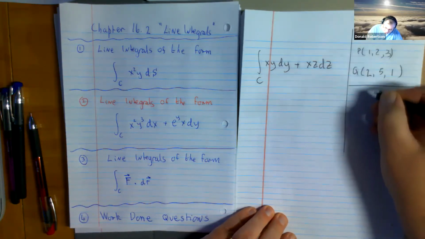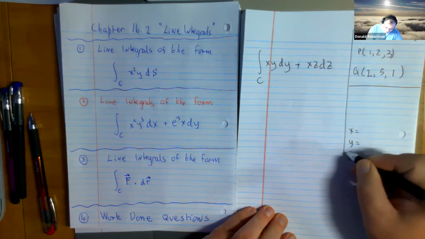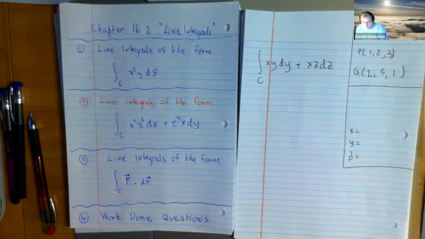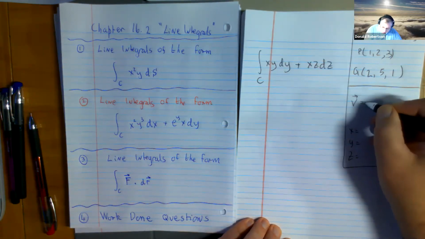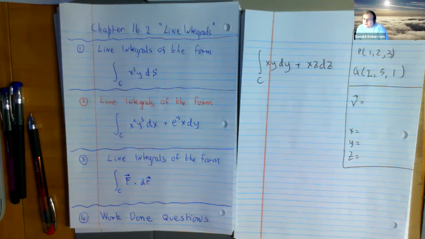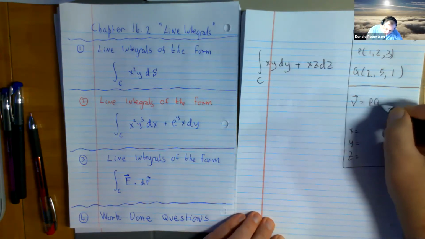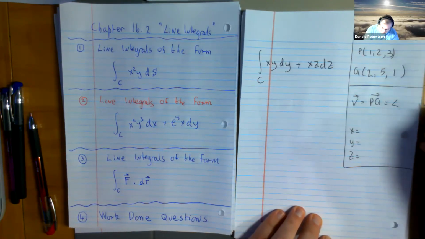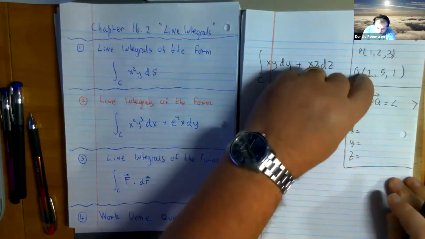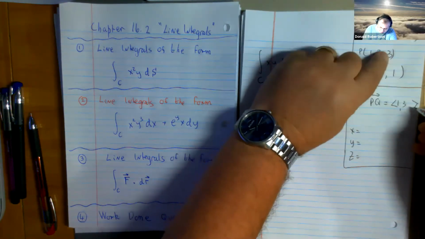So I need a parametric equation for x, y, and z. Now, we get a guy called the direction vector, don't we? This is how you get the equation of a line in 3D. And the direction vector is the vector joining P to Q. And so 2 take away 1, 5 take away 2, and 1 take away 3.